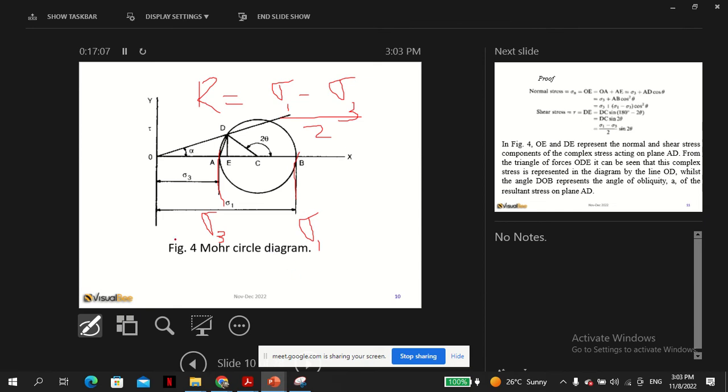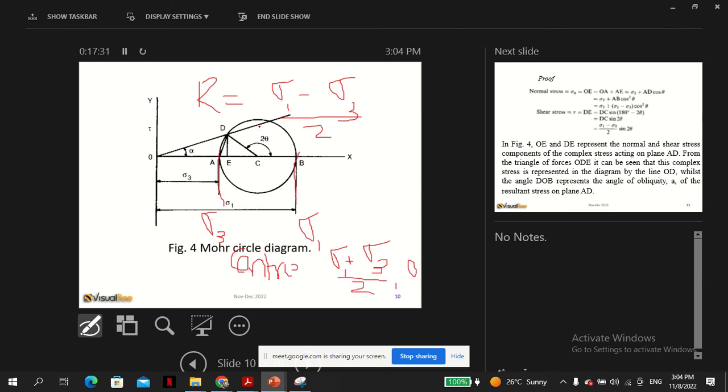But the center of that circle is sigma 1 plus sigma 3 over 2, 0.